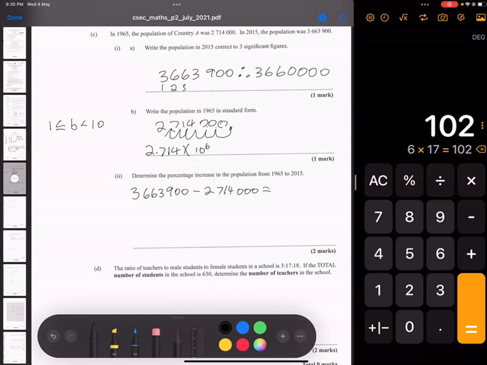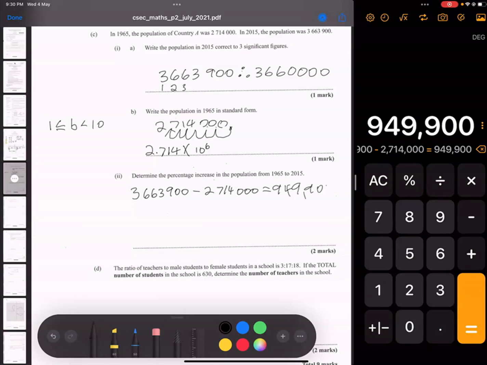All right, I have to put this into the calculator. We'll get 949,900. All right, so that is our increase.